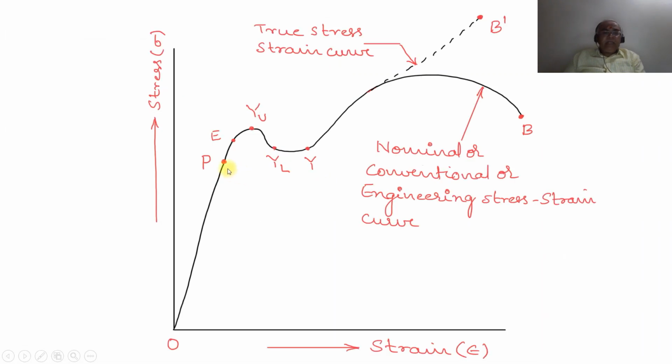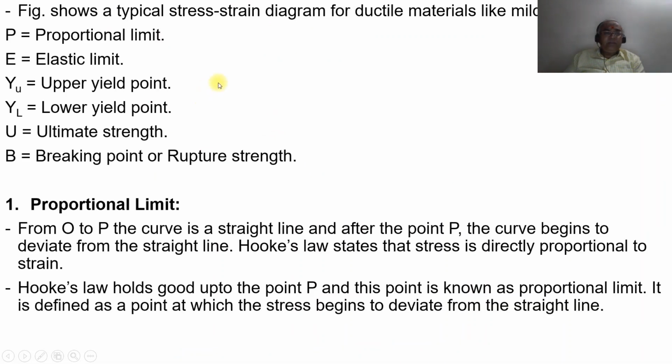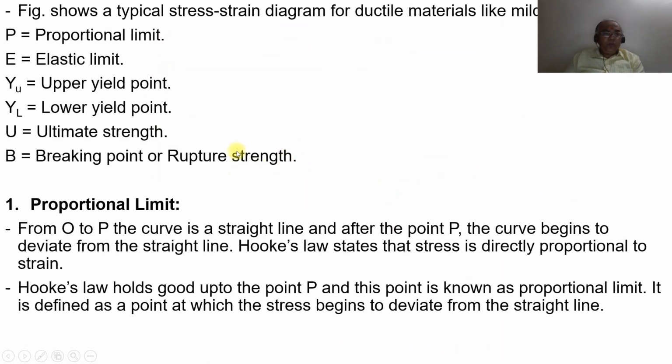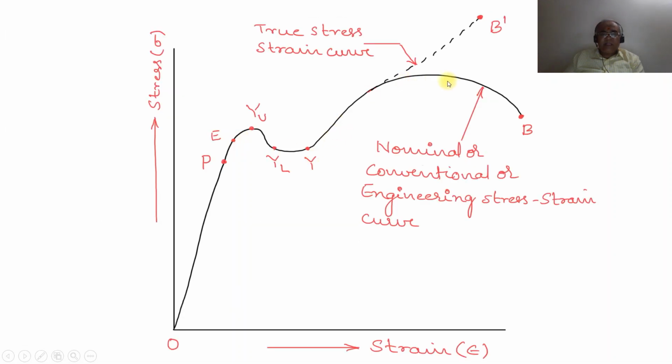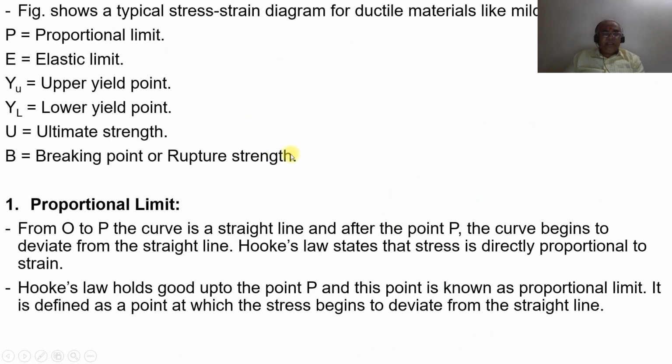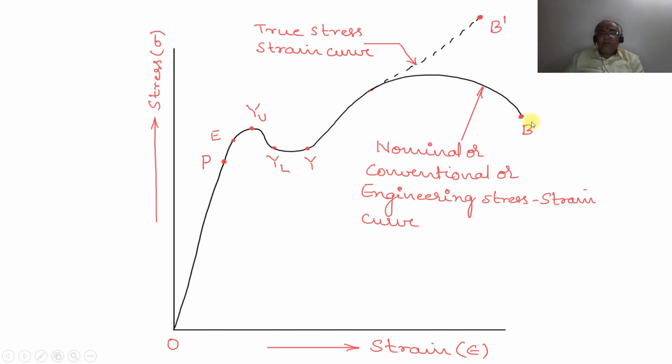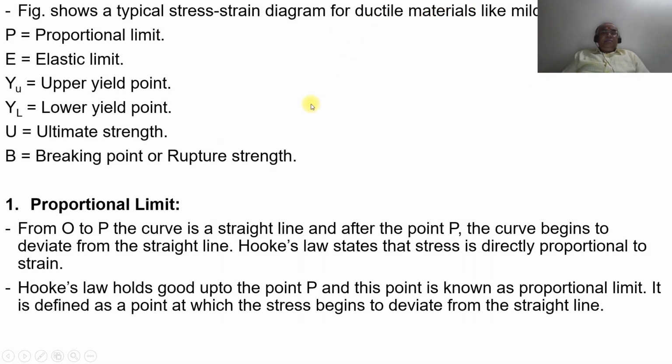Here P is the proportionality limit, E is the elastic limit, YU is the upper yield point, YL is the lower yield point, U is the ultimate strength, and B is the breaking point or the rupture point. This is the nominal or conventional or engineering stress strain curve, and this is the true stress strain curve. This is how you will be able to identify these in this stress strain diagram.